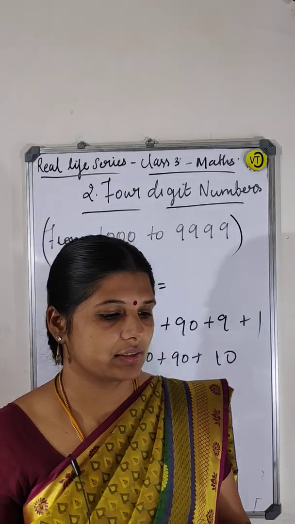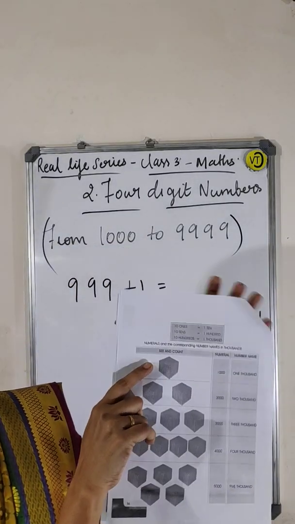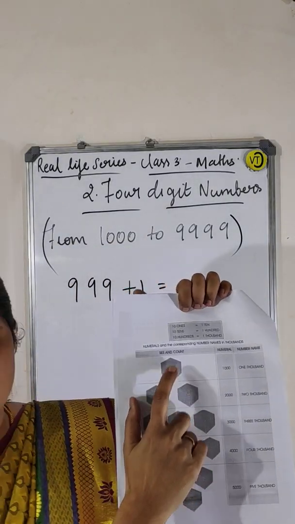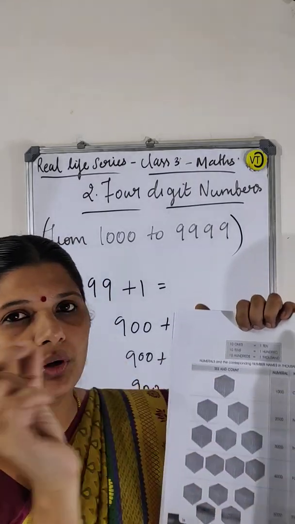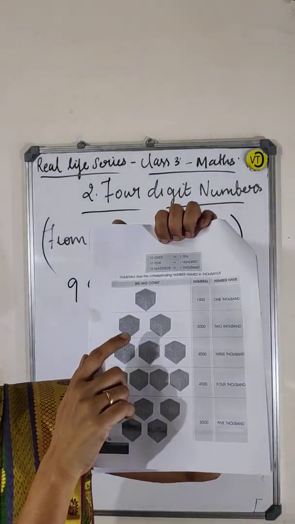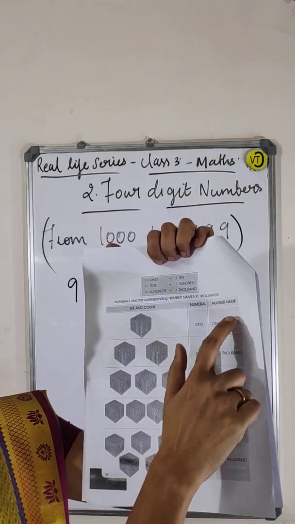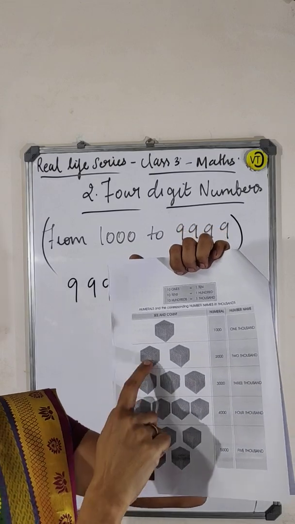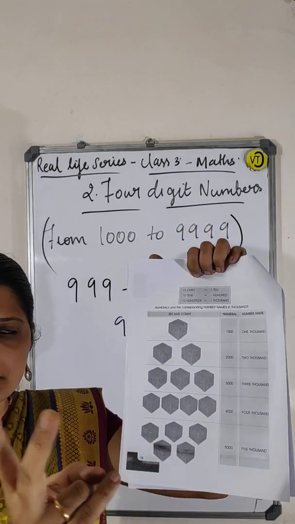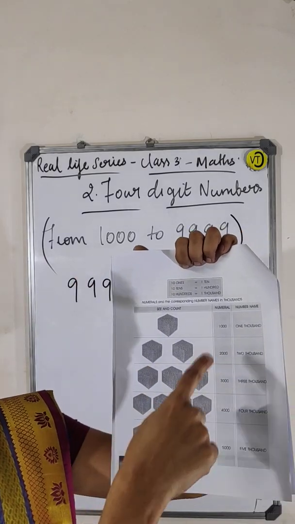See the numerals and the corresponding number names in the thousands. This is a cube, and in this you have small divisions. Here the numeral is 1000. Here 2000, two boxes. This is 3000.